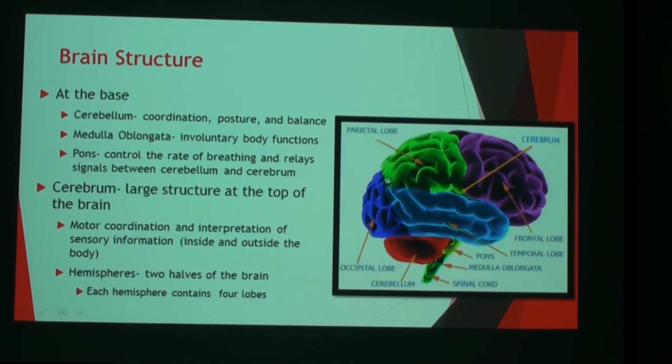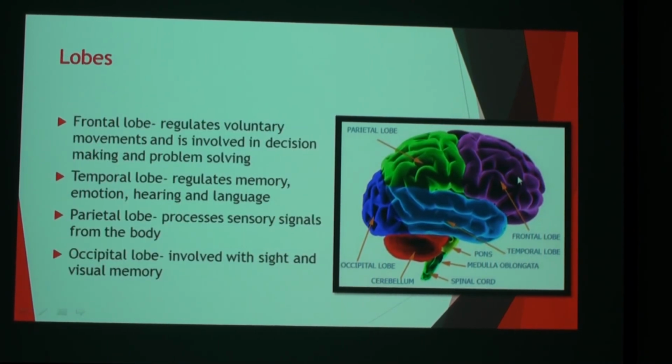Hemispheres, we have two sides of the brain, and this will be one half, for example, and then on the other side, which is hard to see in this picture, will be the other half of the brain. And in each half we have 4 lobes, which will be like 1, 2, 3, 4. So the lobes are like sections of the brain, and here we're gonna discuss them.